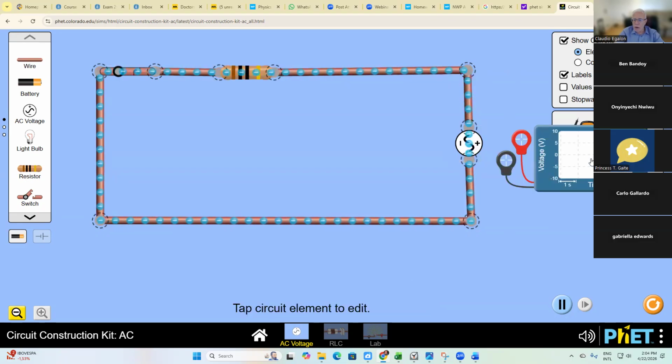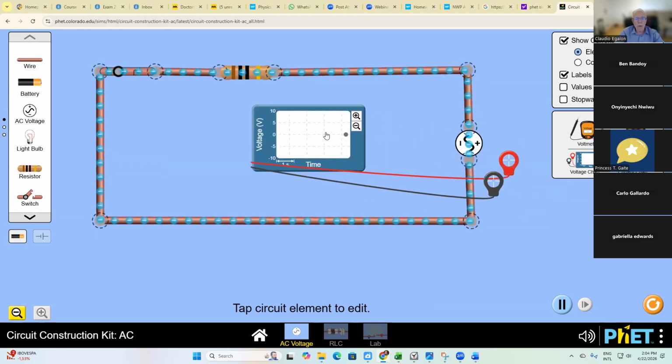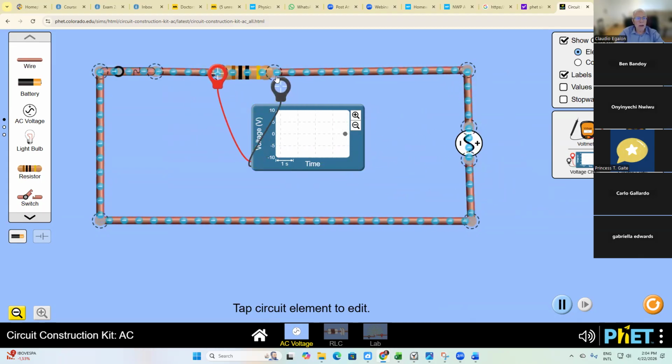Let's see, voltage chart. I'm going to connect at the ends of the resistor. And you're going to see, do you see that? Data is out of range, because the amplitude is too high.